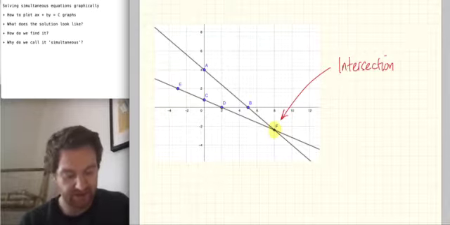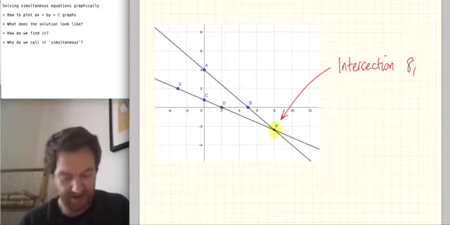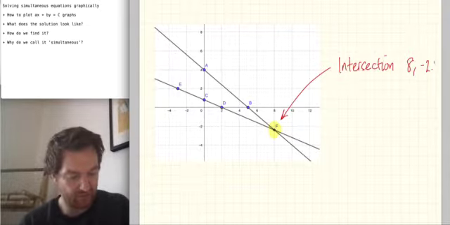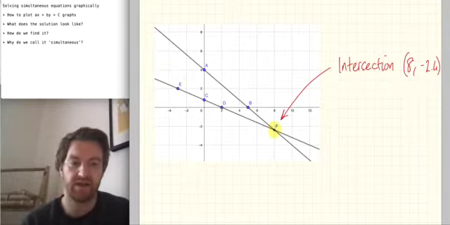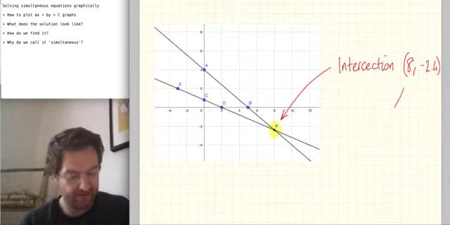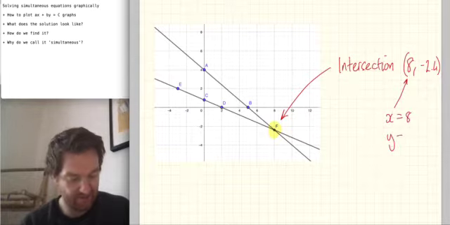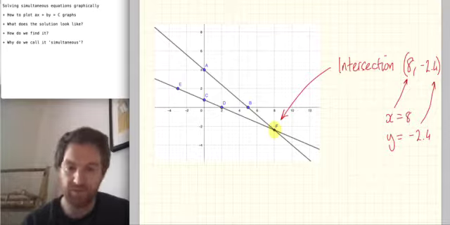This intersection gives a value. So this intersection here we can see is 8 and negative 2.4. Once we know that, this tells me that they cross when x is 8 and y is negative 2.4.